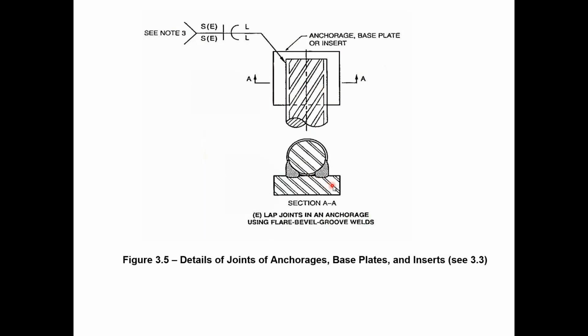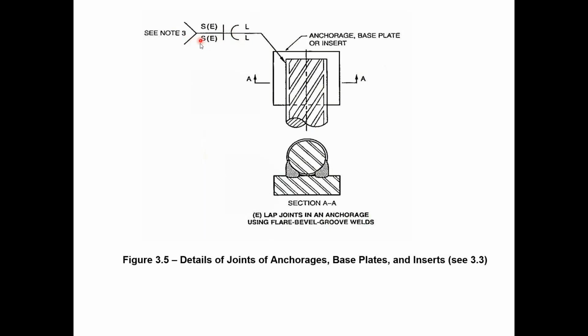This is a section view looking through here, and you see the flare bevel weld has this shape where it's like a half circle and then a flat. That's in most cases mimicked by the symbol. Nowhere does it say flare bevel up here, but that's what that symbol means. That is a flare bevel symbol.